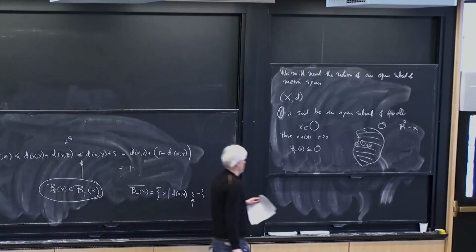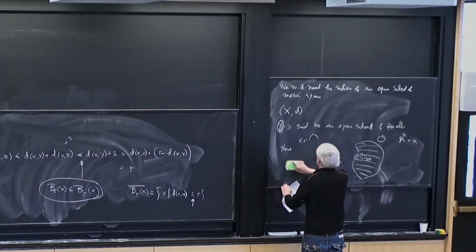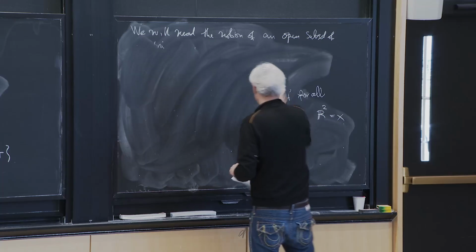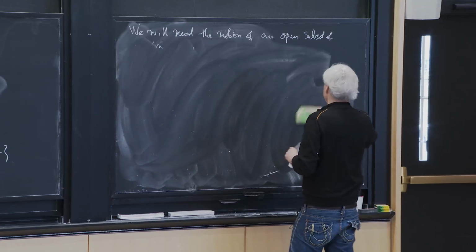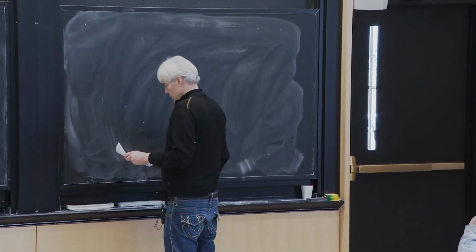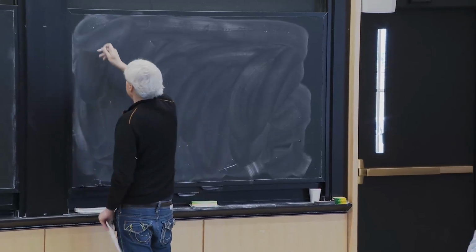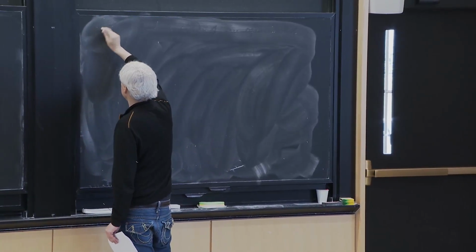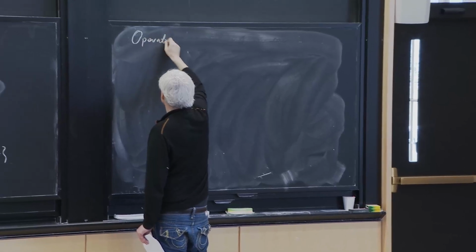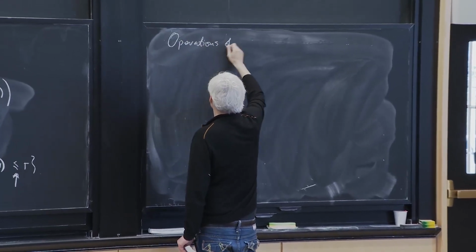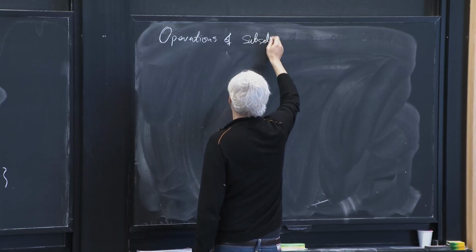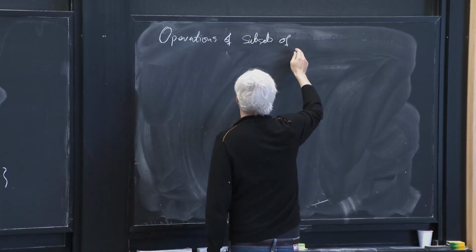But let me now think about how you produce open sets. How do you know that there are a lot of open sets? So this is like operations on subsets of a given set.